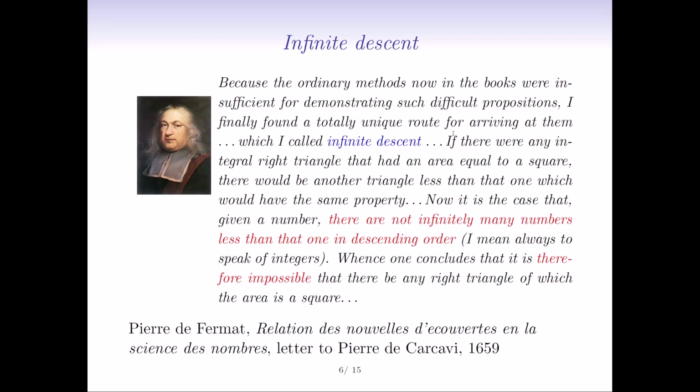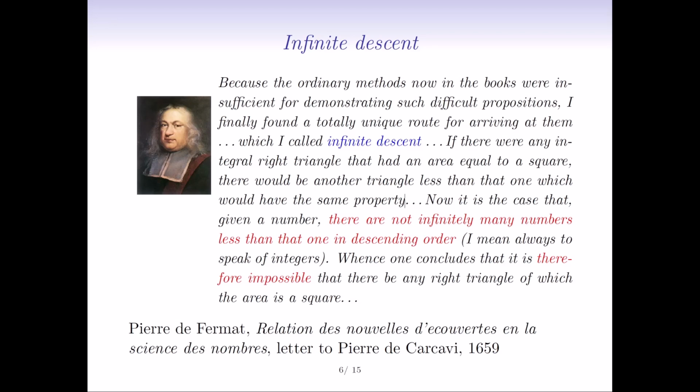Given this statement, which he does not prove, if you have an integer length right triangle with a square area, and given that you can then construct another one which is smaller, then there must be another one smaller than that, which also has integer length sides and a square area, and so on ad infinitum.